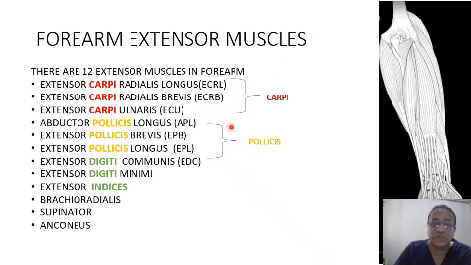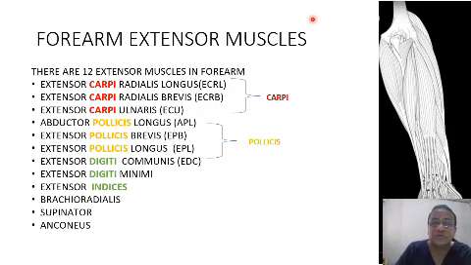So now we have completed three muscles from the carpi group and three muscles from the pollicis group. Pollicis means they are the abductors and extensors of the thumb.